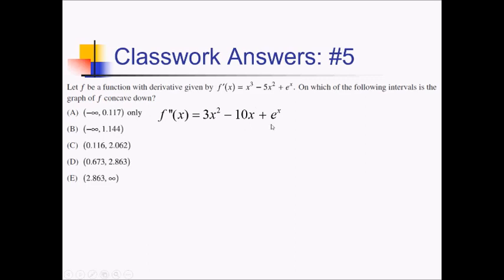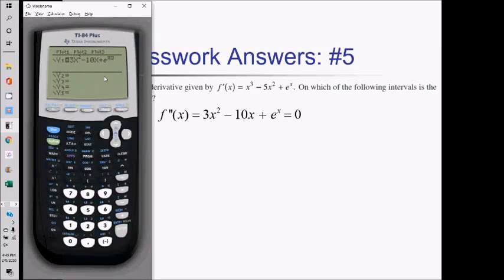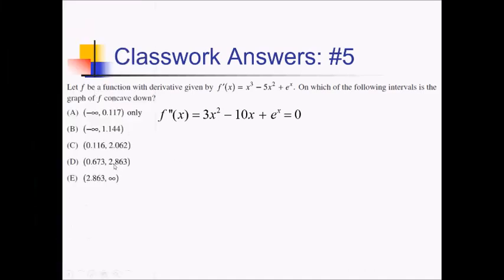And we're going to figure out where this equals 0, find critical values, and we're going to do that on the grapher now. So here I am on the grapher in my y equals. I've entered f double prime as my y1, and I'm going to need some kind of window for this. Looking at my answer choices as a guide, because they didn't give me anything else, the smallest finite value is about 0, and the biggest value is a little bit less than 3.